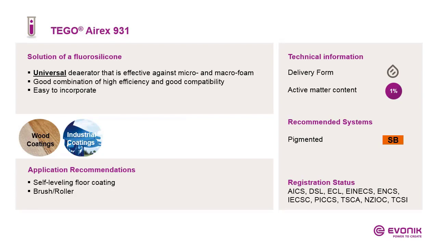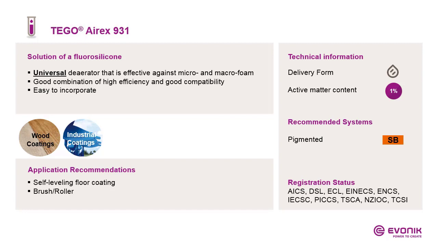The next deaerator we would like to present is TEGO Airex 931. Unlike the other deaerators from the highlights list, this deaerator is provided in solution form. It is a solution of a fluorosilicone with only 1% of active matter content.